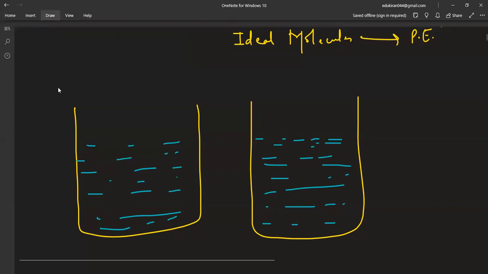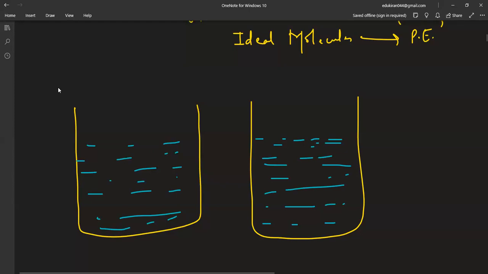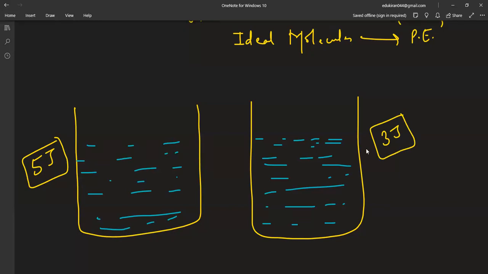Let's say total internal energy. Now I hope you are understanding when I'm using the term internal energy, that means the kinetic and potential energy. Let's say this is some 5 joules initially. And this is having energy, internal total energy as 3 joules. This is the initial case.